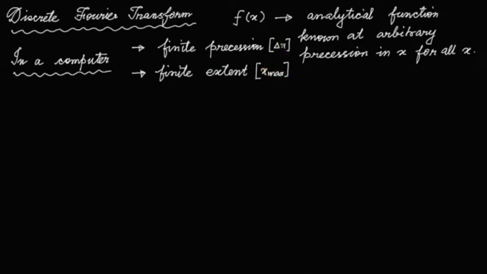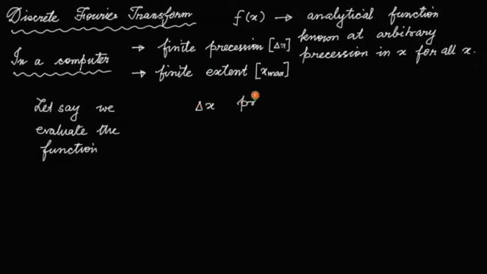Okay. Now I write x max by assuming, so let's say we store or we evaluate the function with delta x as our precision, and I evaluate from 0 to x max.